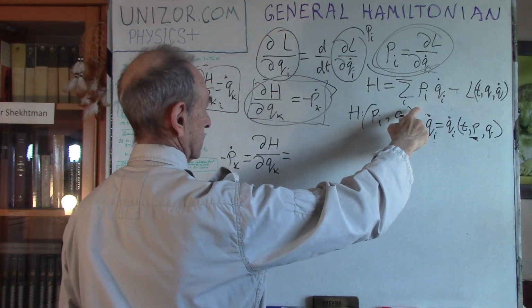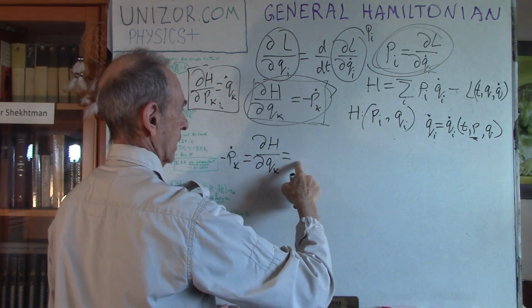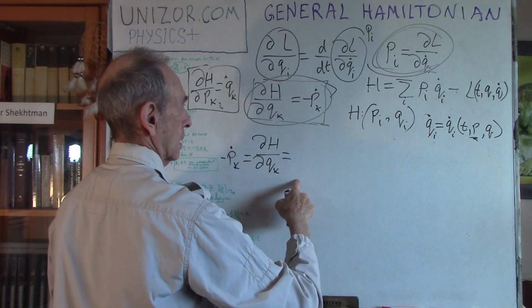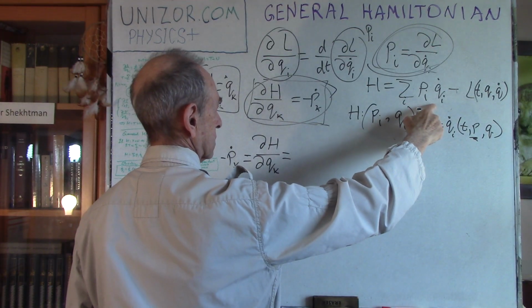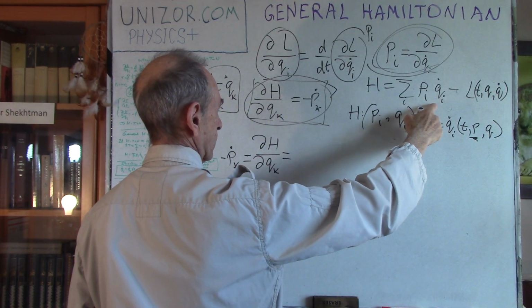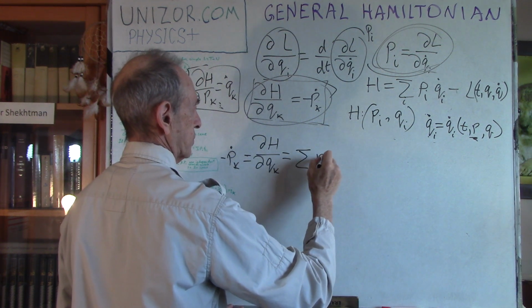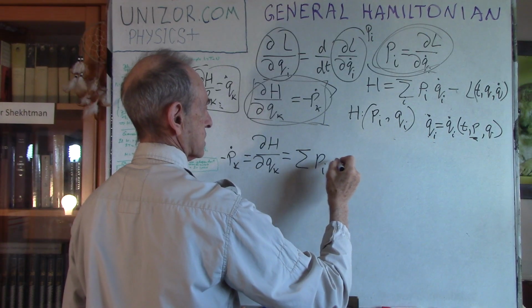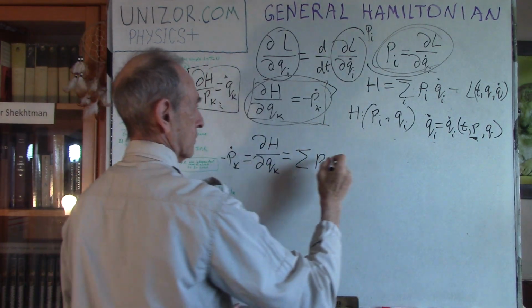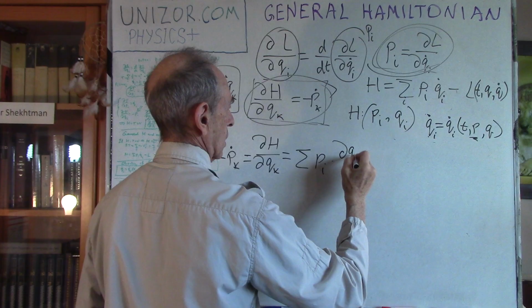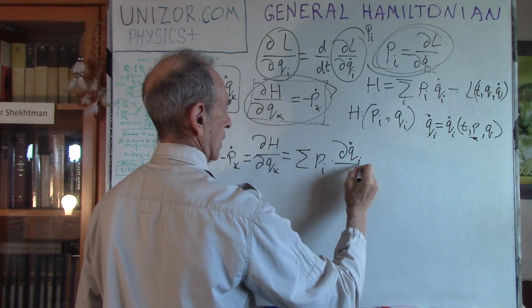If we differentiate by qk, the derivative of q1 would be here, so that's sigma pi times dqi dot by dqk.